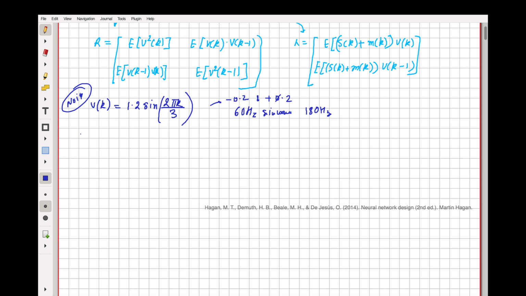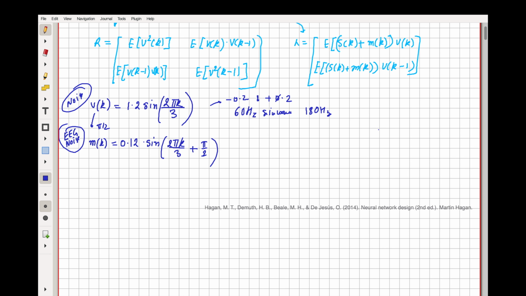That is a nice equation we have for noise, and we'll work with that. Now in the EEG we also have some noise, and to create that noise we are going to use the same thing except just shift it a little bit by pi by 2. So the m_k, we will write it as 0.12 sine 2 pi k by 3 plus pi by 2.